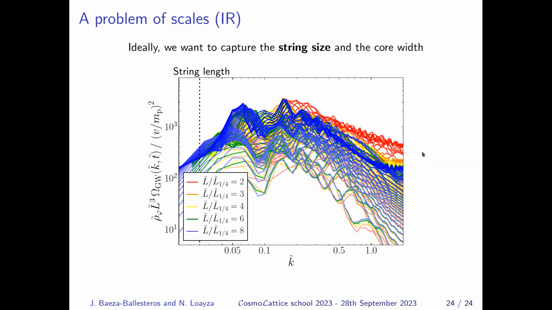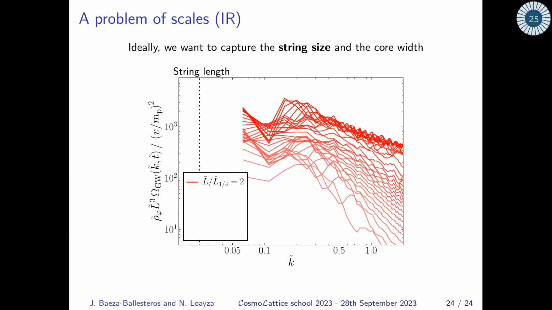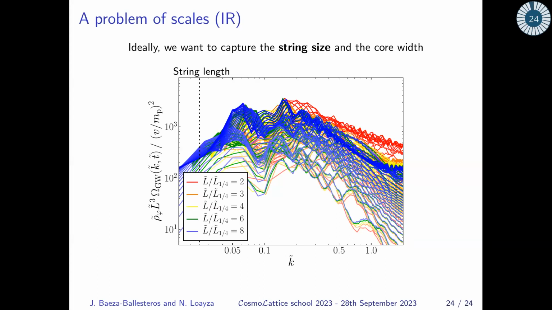So I know this is not very easy to see, but you can compare the blue here to the red here, and there is a clear difference. So what we found is that in the end we did some balance.